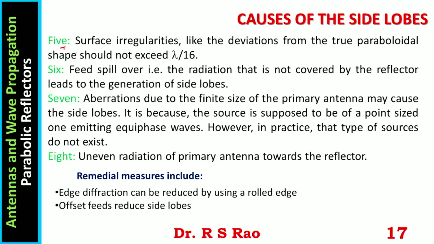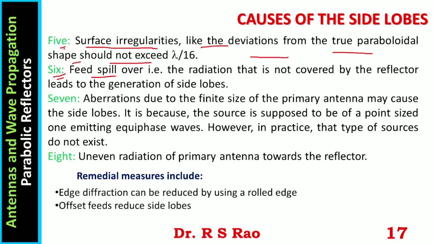The fifth factor is surface irregularities: the deviations from the true paraboloidal shape should not exceed lambda by 16. When irregularities exceed this limit, it results in side lobe generation.